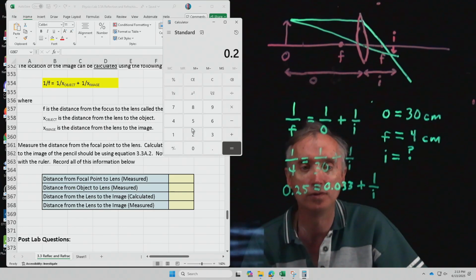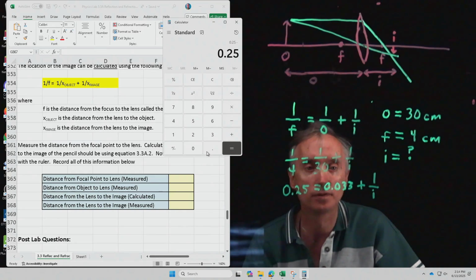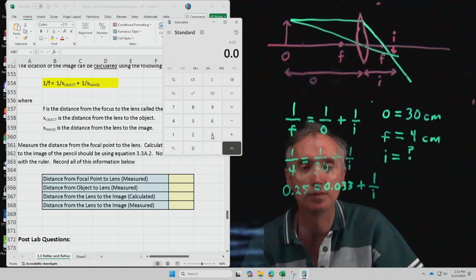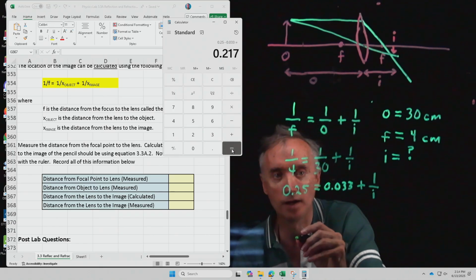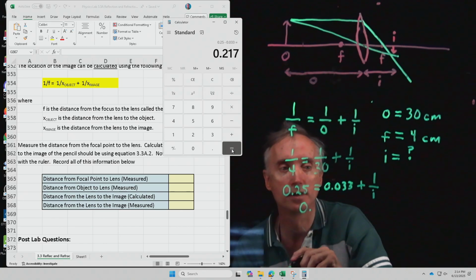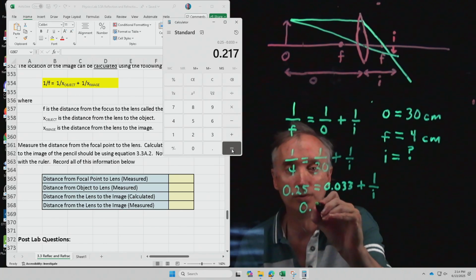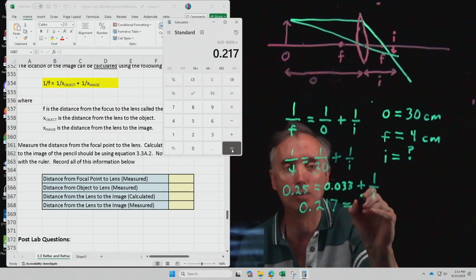Okay, 0.25 minus 0.033 equals, okay, so now I've got the number 0.217 is equal to 1 over I.